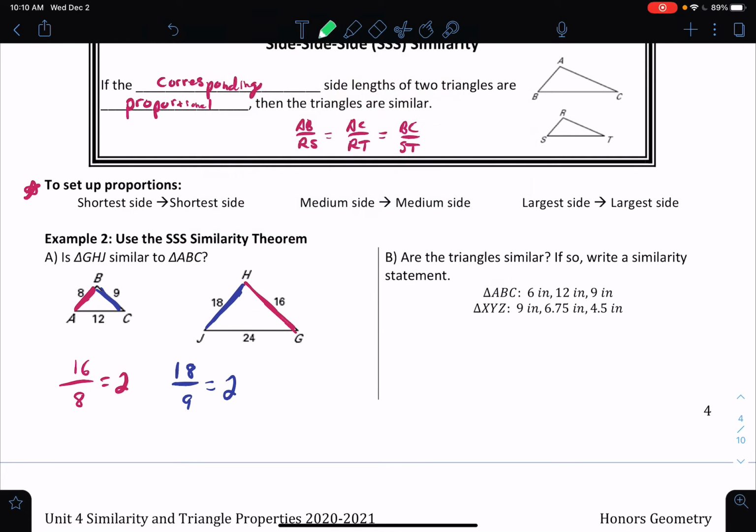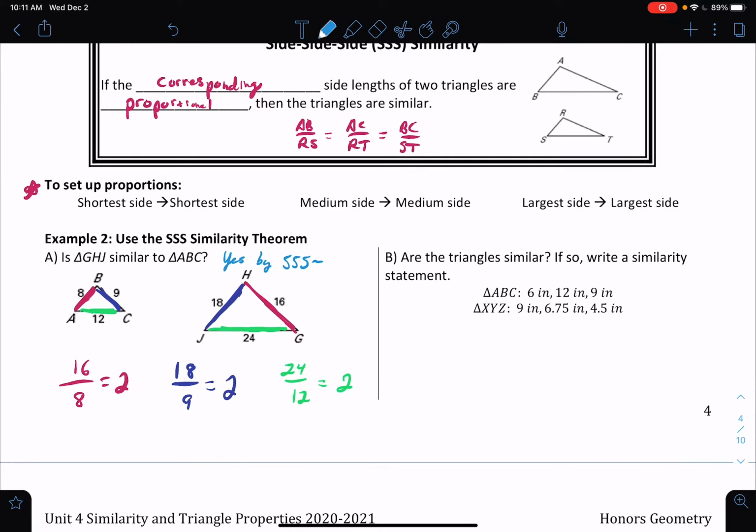And then the largest side, 24, matches up with 12. 24 divided by 12 is 2. So 2, 2, 2. All of these proportions simplify to give you the same thing. So are these two triangles similar? Yes, by side-side-side similarity. Side, side, side, and then just the similar symbol after that.